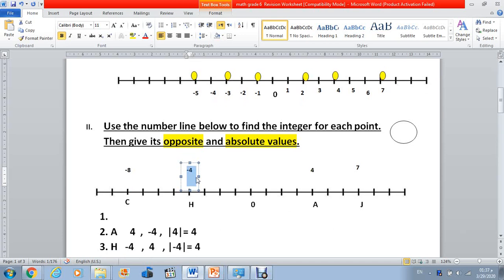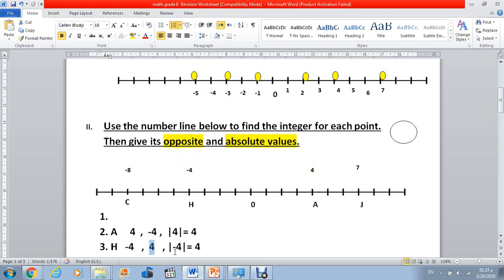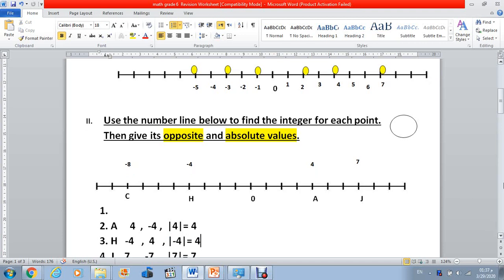Remember those 2 bars? Whatever comes inside them, and then goes out, will be positive. The absolute value can never be negative at all.